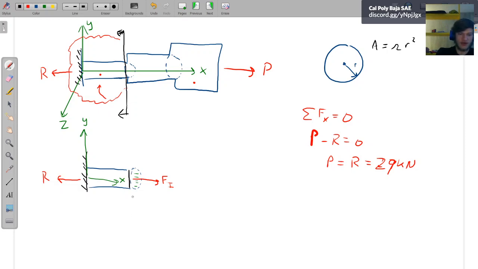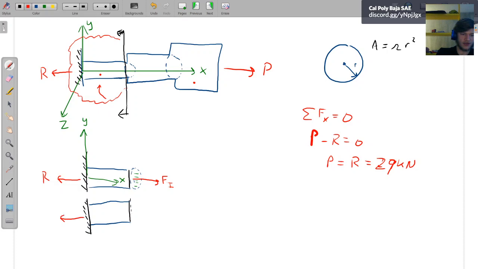So I can say my reaction here, let's draw this again. I can say that this reaction is the same thing. Oh man, my straight lines are becoming less straight.